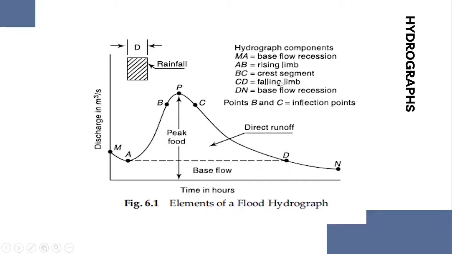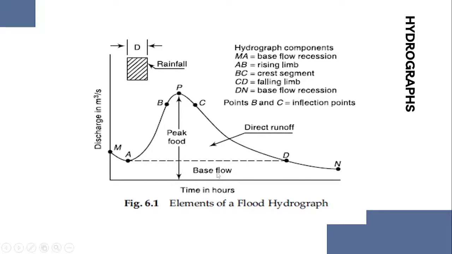Then we have the crest segment BC, also known as inflection points, with the peak or P, which is the highest point. Then we have the CD or the falling limb, as you can see. Then we have the DN, the base flow recession, and of course our direct runoff.